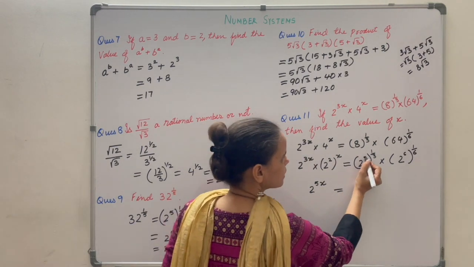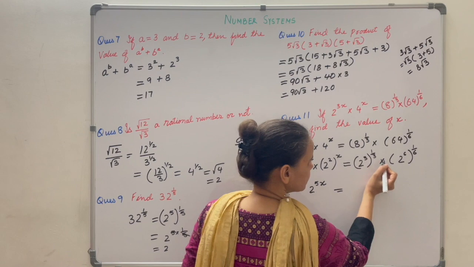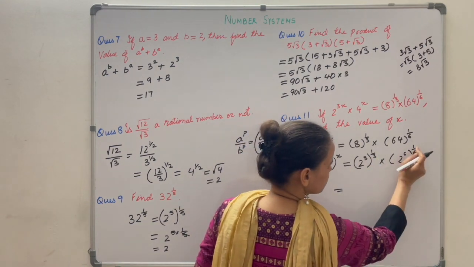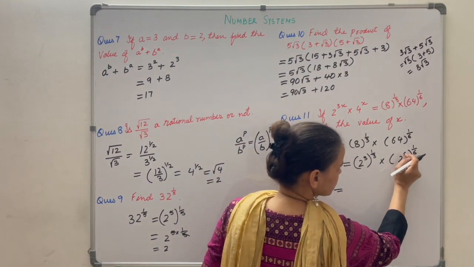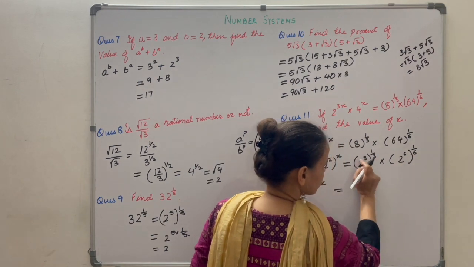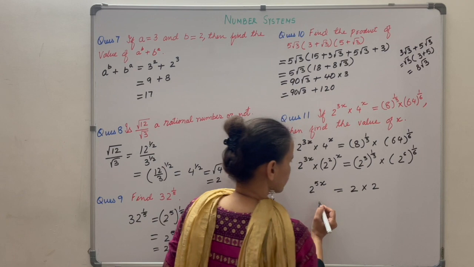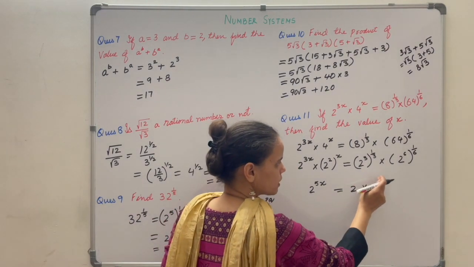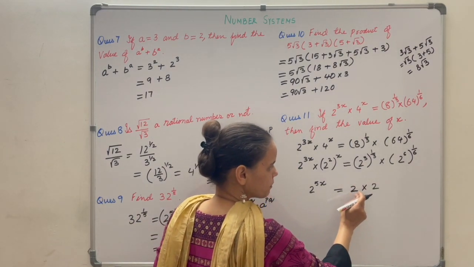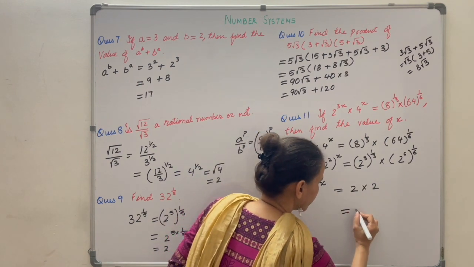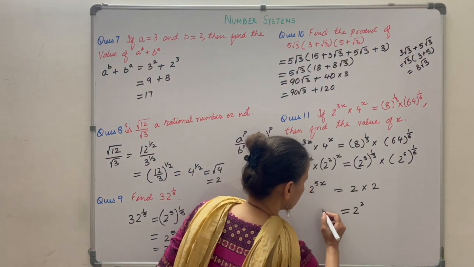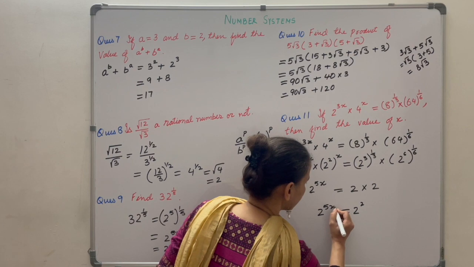On this side, this 3 and this 3 will be cancelled when you multiply the powers. Similarly, when you multiply the powers here, 6 and this 6 will be cancelled. So what will you have here? 2 into 2. So you can add the powers now. Here the power is 1, here the power is 1 because the base is same. So you have 2 raised to power 2 here and here 2 raised to power 5x.